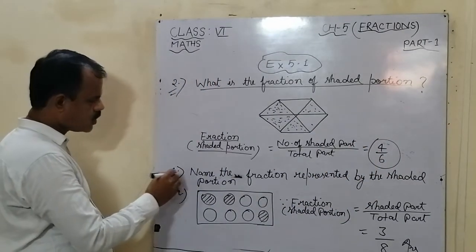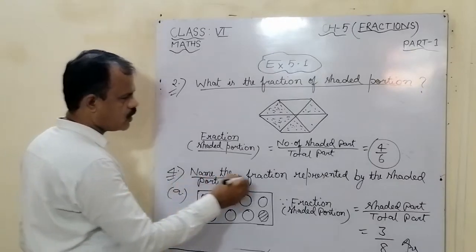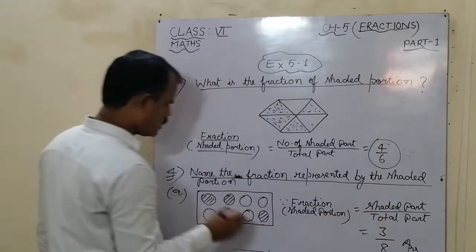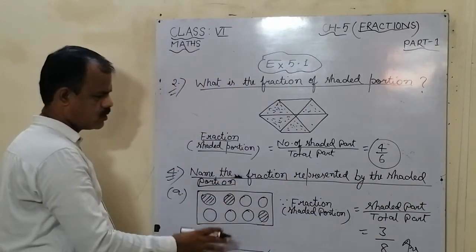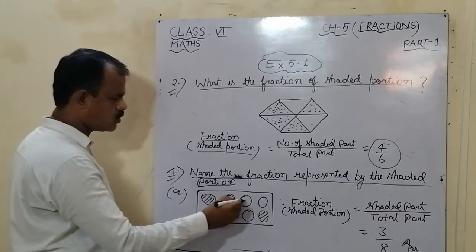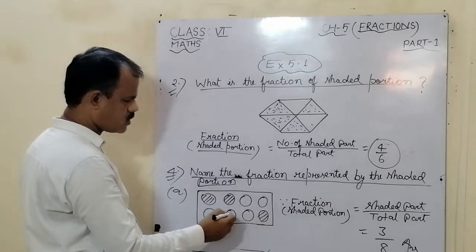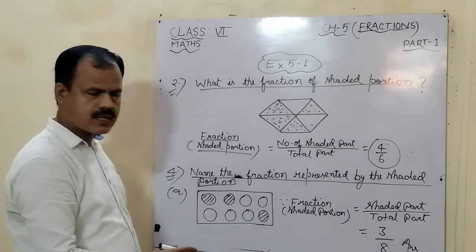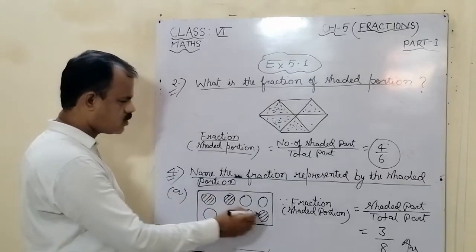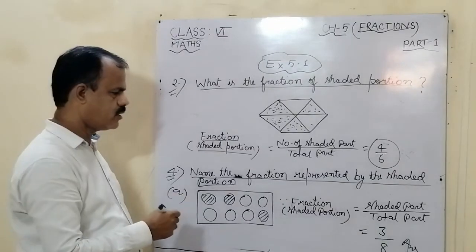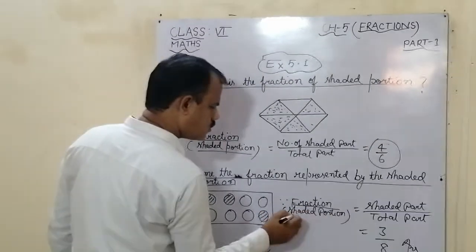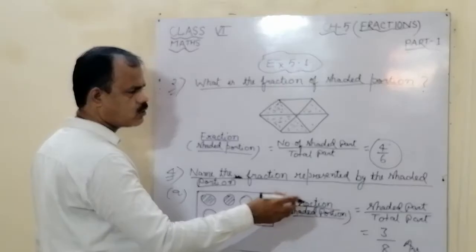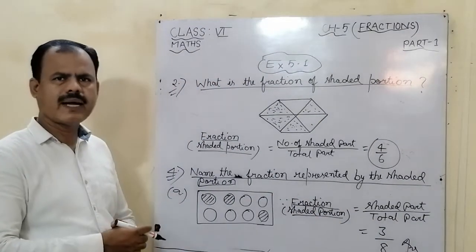See one more question, question number 4. Name the fraction represented by the shaded portion. This is the figure in this box. 1, 2, 3, 4, 5, 6, 7, 8. 8 circles are there and 1, 2, 3 circles are colored. So fraction of shaded portion equals colored part by total part.